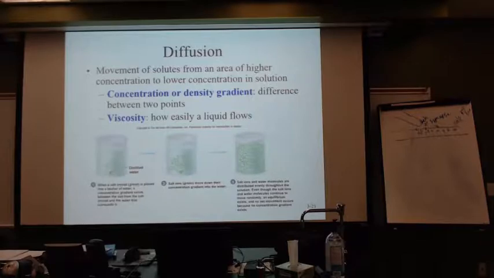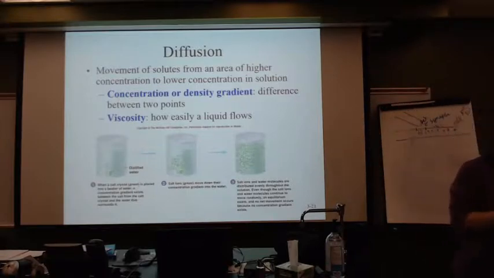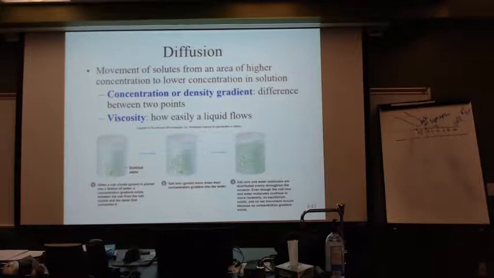So one of the ways that we can have movement is diffusion, which we defined earlier. Movement of molecules, movement of particles, solutes. It's movement of something, a molecule of some sort.